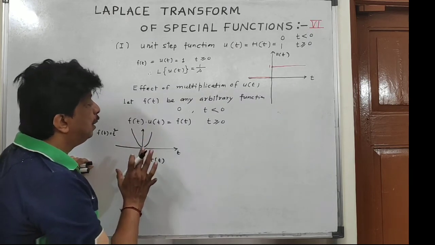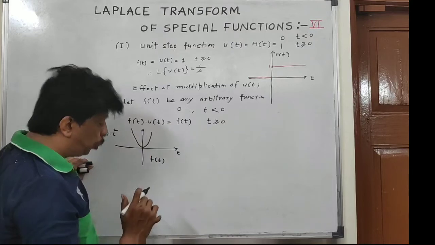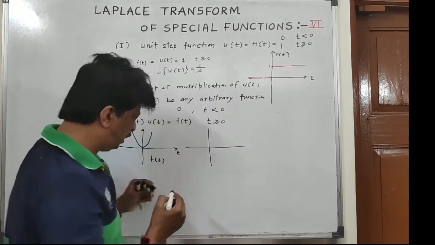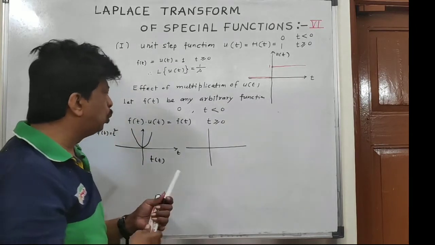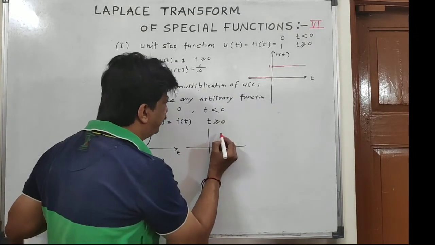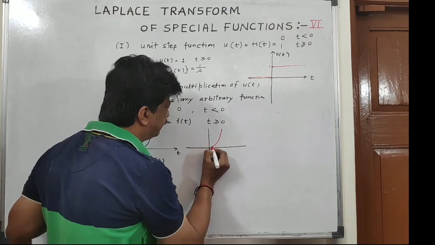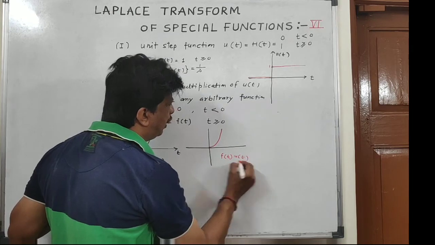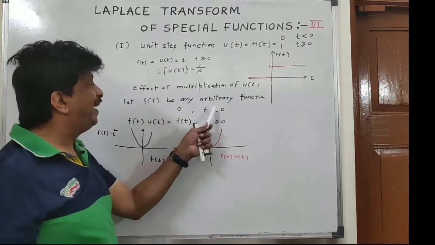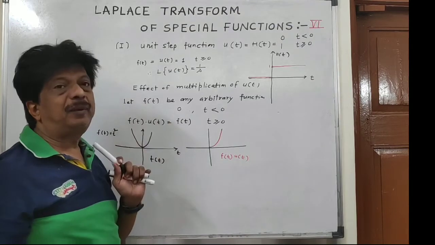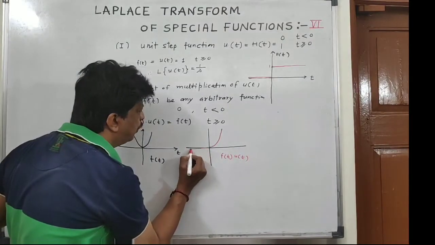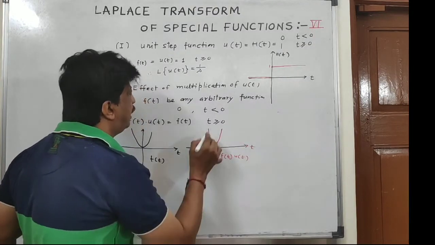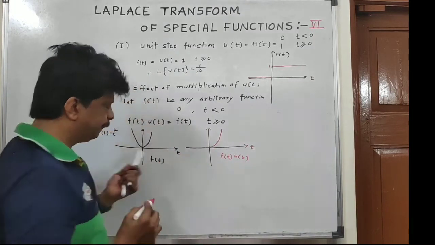Now, what would be the plot of f of t into u of t? The plot of f of t into u of t would be this portion only. This is the plot of f of t into u of t, because when t is negative, f of t into u of t becomes 0. This is the t axis. This is the f of t, u of t axis.